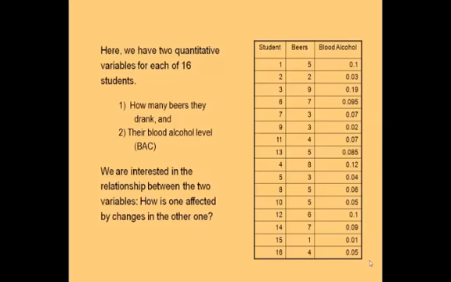So let's take a look at this, something which you might be very familiar with. Is there a relationship between the amount of beers you drink and your blood alcohol level? What do you think? Just looking at those numbers, do you see a relationship between the number of beers and blood alcohol level? You would expect a relationship, right? What kind of relationship would you expect?